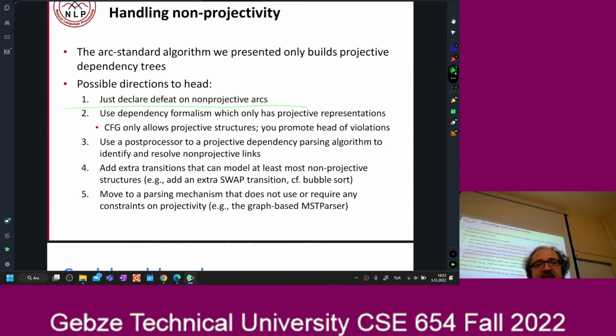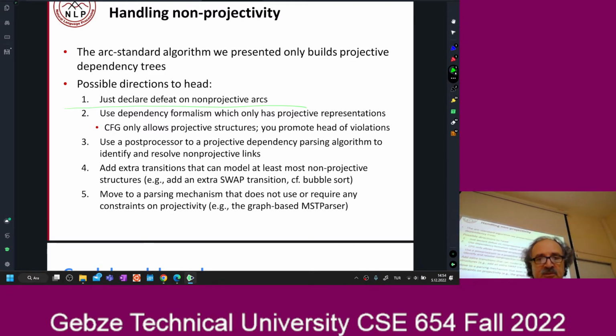Or we can add a few transitions that can model at least most non-projective structures. Remember the ones that I gave you, instead of saying from whom I got this book, etc. I know those kinds of sentences. Check the cases for those kinds of sentences and add a few extra transitions. See if this is working.